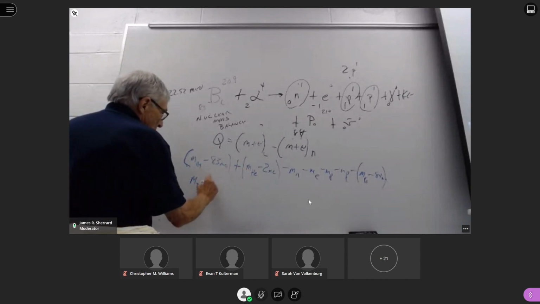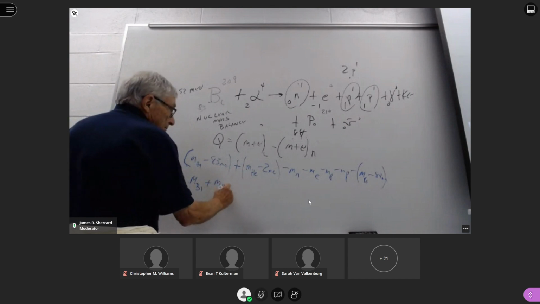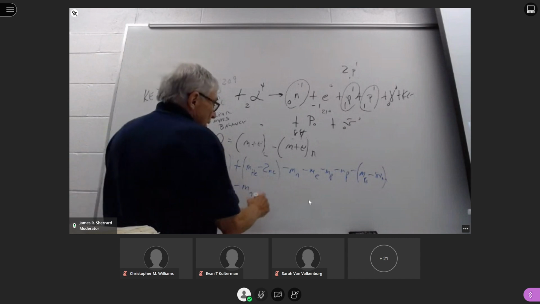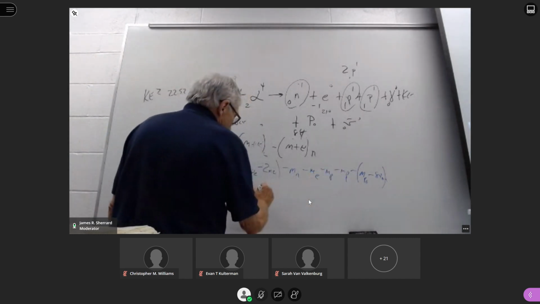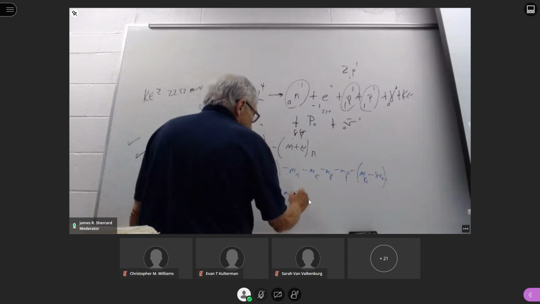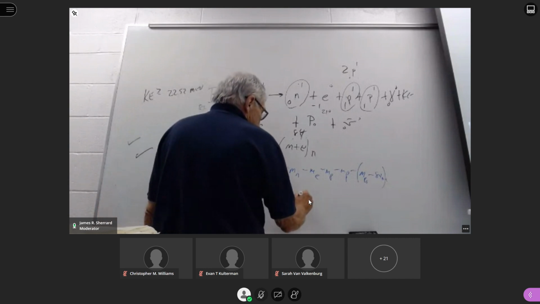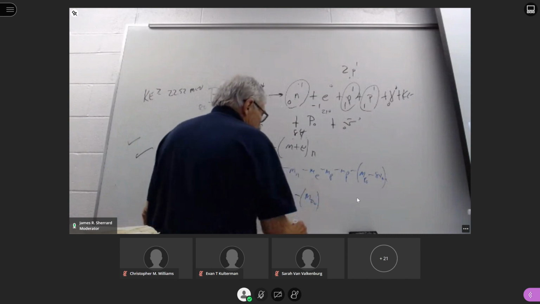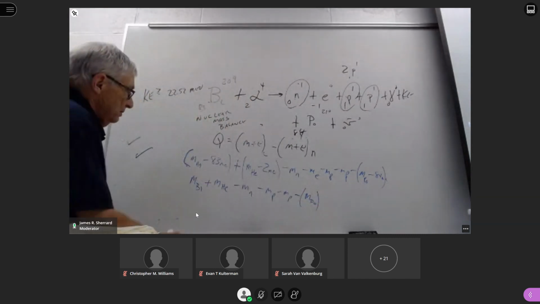Mass of bismuth plus mass of helium, minus the mass of our neutron. I'll just keep those separate now. Mass of proton, minus the mass of my polonium. Now I'm going to account for electrons.